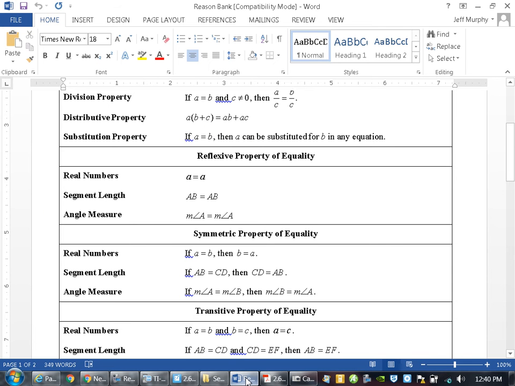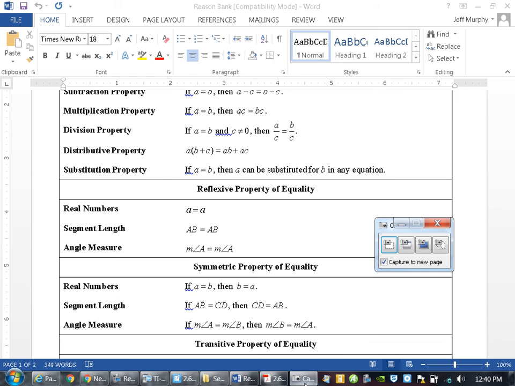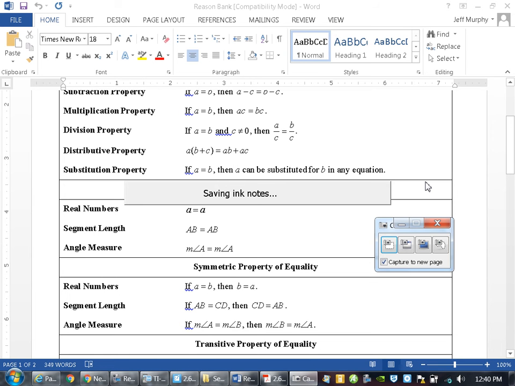On our reason sheet, we have something called the substitution property. And it's kind of a long-winded definition. If A equals B, then A can be substituted for B in any equation.